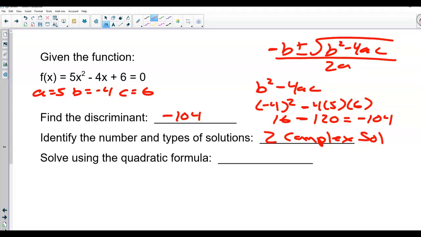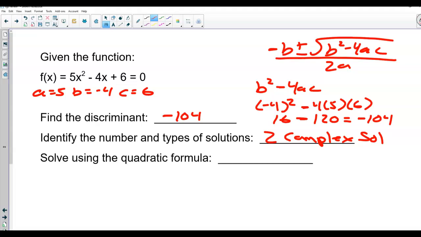If it's less than 0, it's complex. I'll be honest with you, I will accept basically two reals or two complex. You're probably not going to have to worry about the rationals on the test. It's real if the discriminant is bigger than 0. It's complex or imaginary. I'd rather us say complex if it's less than 0.